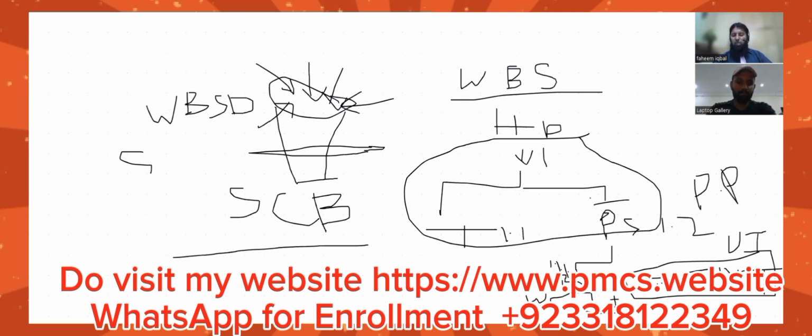What is not mentioned in the scope baseline, we are not going to make. There are two things: scope creep, things unintentionally added to the scope. For example, something is not mentioned in the scope baseline and the sponsor says do this, do this, do this.